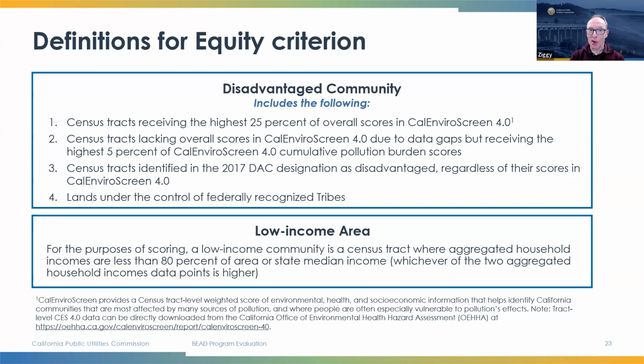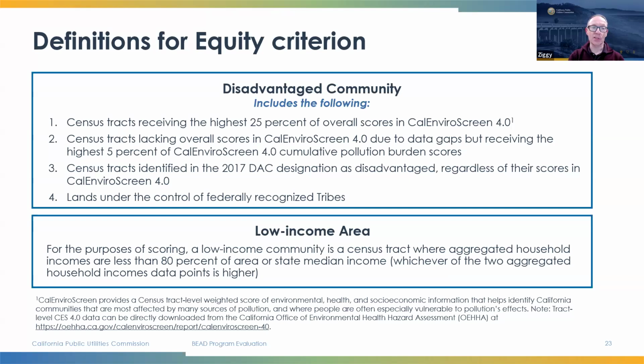And again, these will be defined, and the definition for that equity criterion is not something you have to necessarily memorize, but this is for your interest if you want to know how these were arrived at. The disadvantaged communities are defined in terms of census tracts that receive the highest 25% of overall scores in the so-called CalEnviroScreen 4.0, and there is information where you can find how that was calculated and determined.